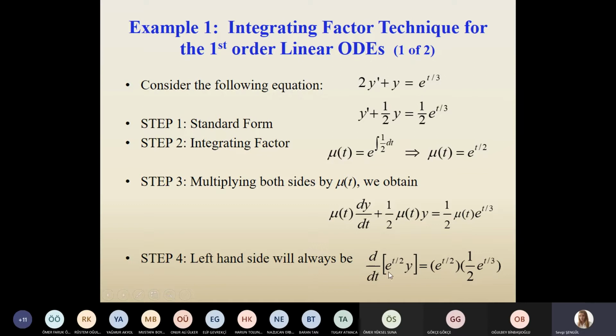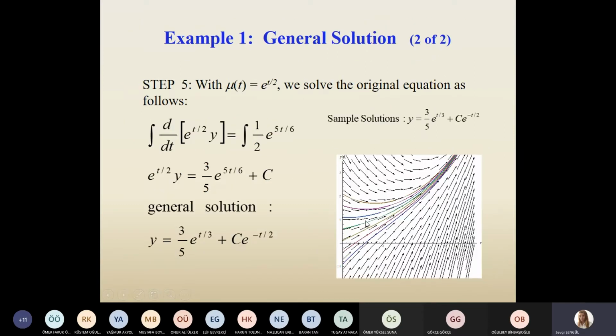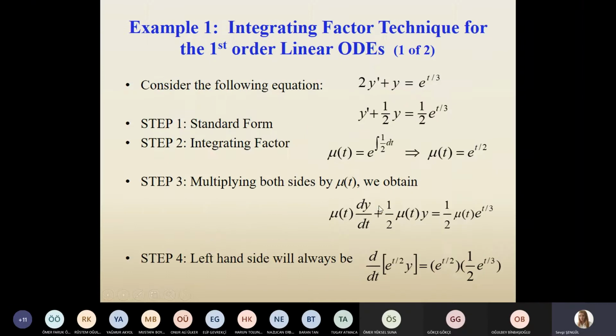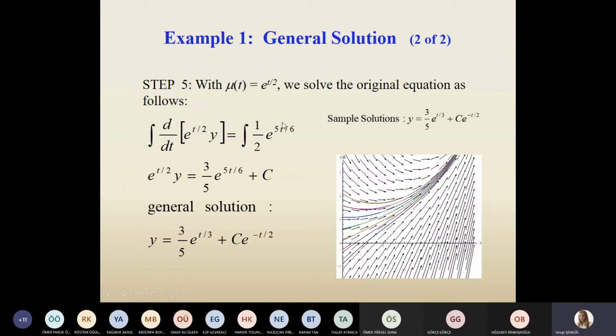Now the calculation is easy. Take the integral of each side, solve for y. Let's take the integral of each side. Integral and derivative are going to cancel each other. We have only e to the t over 2 y. In this one, you know that e to the t over 2 times e to the t over 3, once you multiply, you can add the powers.